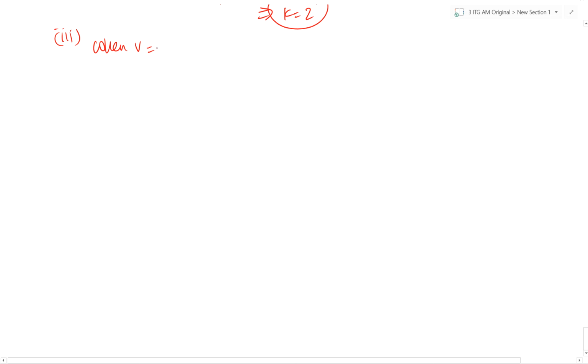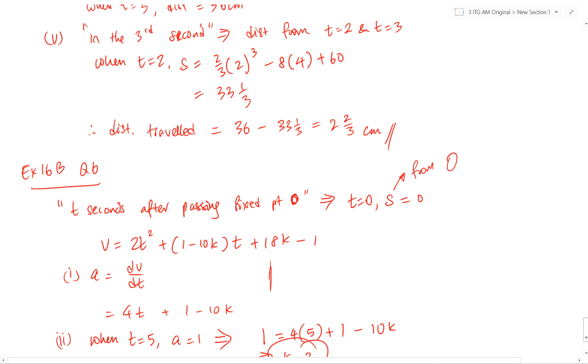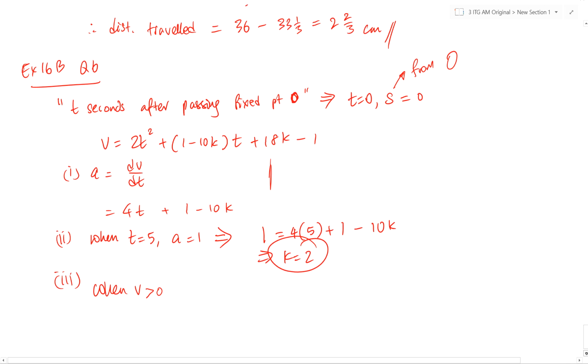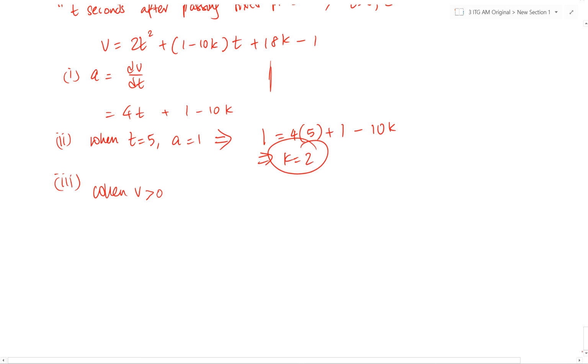When v is greater than 0, then we have 2t squared, 1 minus 20 is negative 19, 36 minus 1, 35.